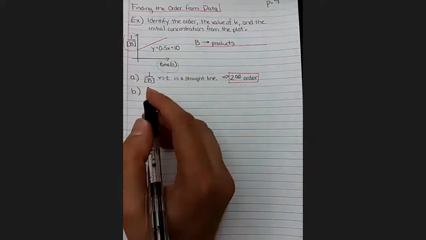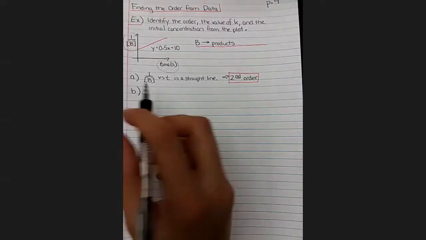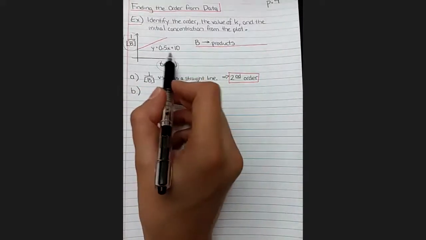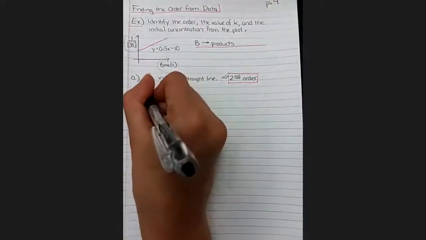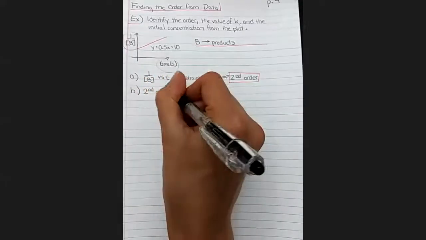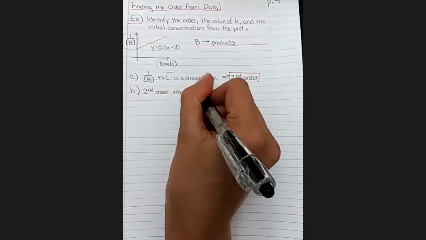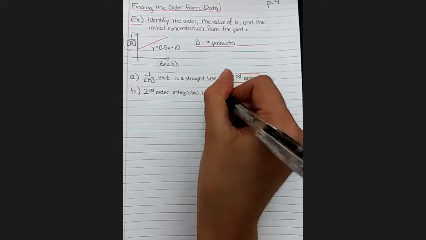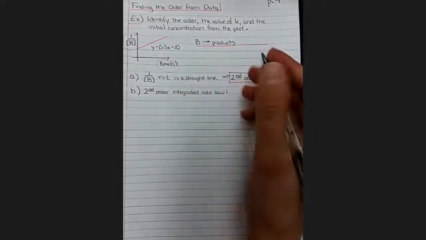Okay, the next part said to find the value of k. And I can find the value of k from the rate law or from the integrated rate law, but the integrated rate law is related to the variables in this linear equation. So I'm going to go with the integrated rate law. And now that I know the order is 2nd order, I know which one to pick. Integrated rate law is going to be the most useful because it has the time variable in it, just like our plot.